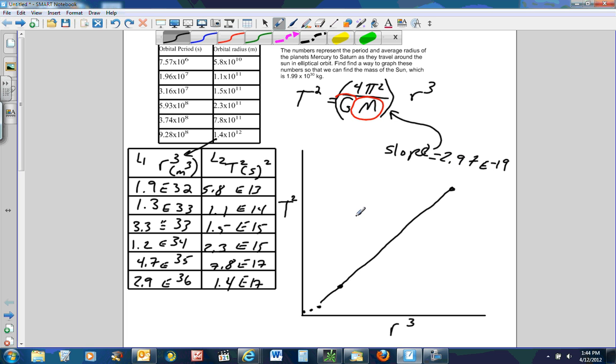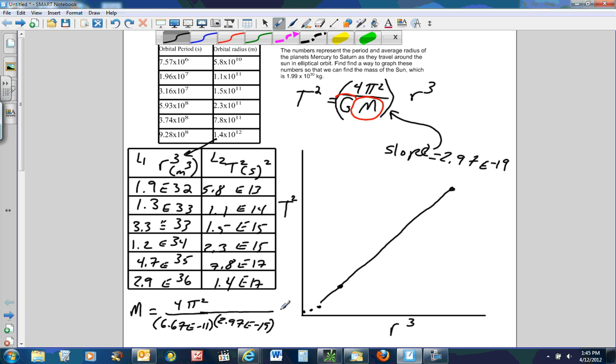And so I'm going to set that number equal to all the stuff in the middle. So basically if I solve for m, I'm going to get m equals 4 pi squared over 6.67 e to the negative 11th times the 2.97 e to the negative 19th.